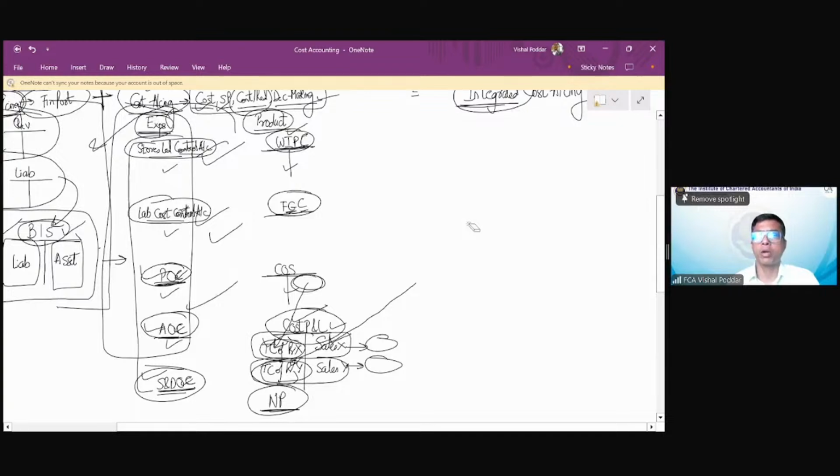Actually, this should also be called control, but they only call it COS. These are the technical names of these accounts, and why they are called so, I have already explained by linking them to the subsidiary ledger.